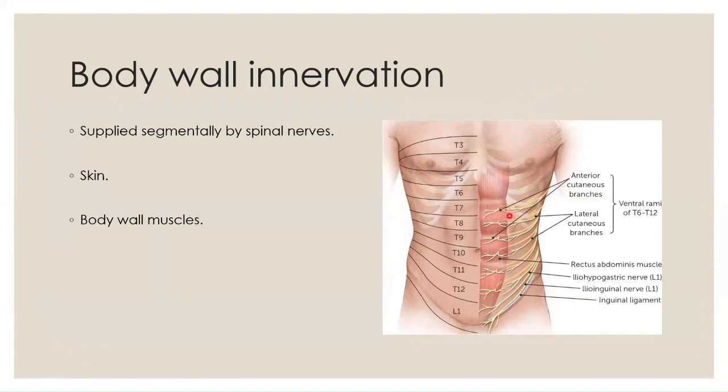Like this, you have them coming around the body and supplying the skin in a segmental manner like this. So, these supply the skin and the muscles found in the body wall in segments like this. So here you have a mark, and you can identify the levels of the spinal nerve.